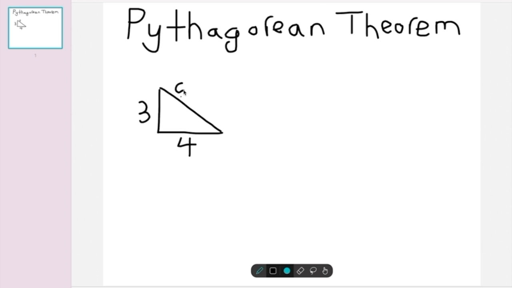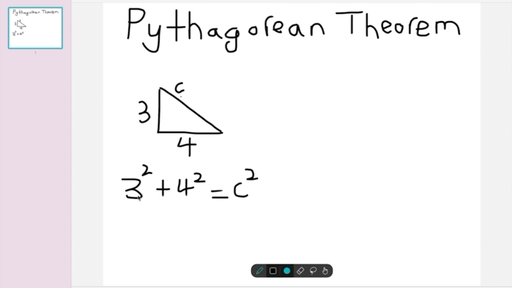Okay. Well, first of all, we know that it's going to be a squared plus b squared equals to c squared. So then we can just automatically square 3, plus 4 to the power of 2. And this will be c squared.